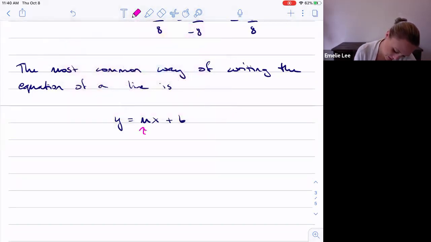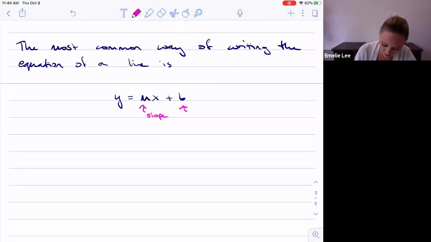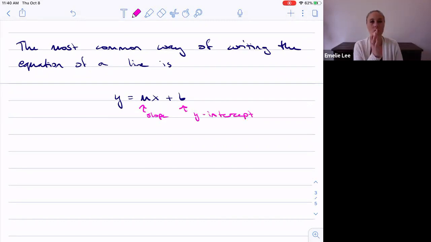Where m is the slope and b is the y-intercept, where it crosses the y-axis. What we call this is the slope-intercept form of a line.